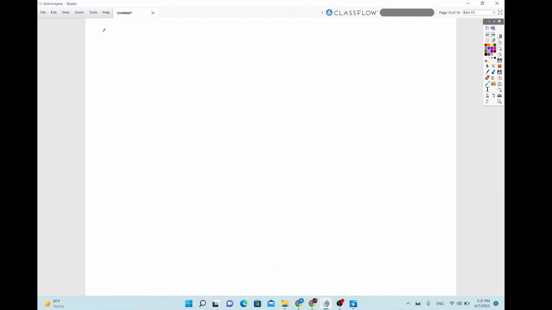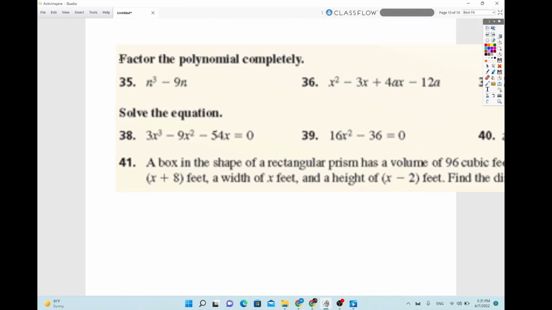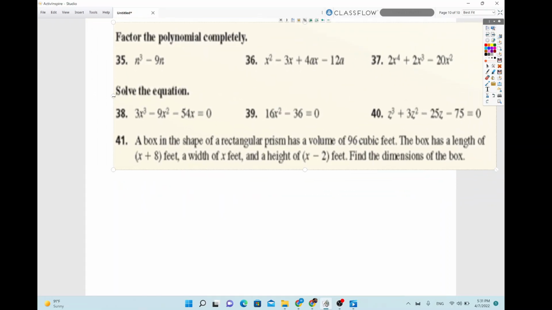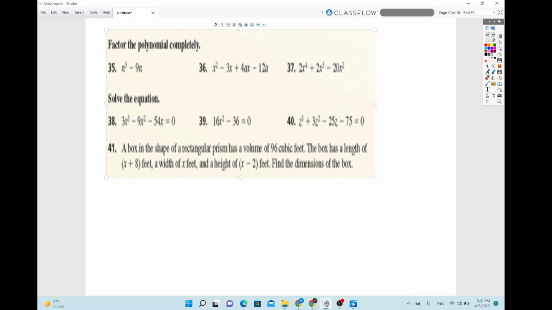For this one, let me put it on a new page, a new slide right here. So 38 to 41. Let's take a look at 38. We're solving the equation, so we need to factor the trinomial first, and then find all the zero solutions.